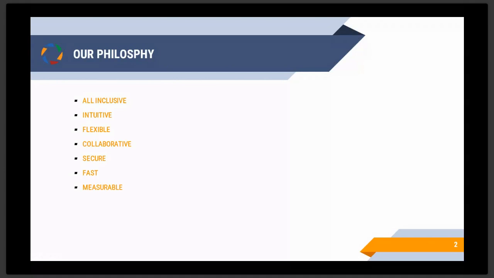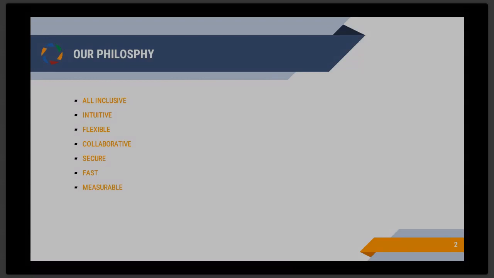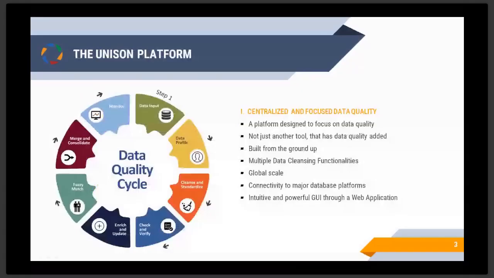So with the Unison platform, what are some of the things that we're able to address with the tool? What are its core functionalities? Well, as I previously mentioned, we wanted something centralized and focused on data quality. This platform is designed to focus on cleaning data. It's not just another tool that we've added onto.